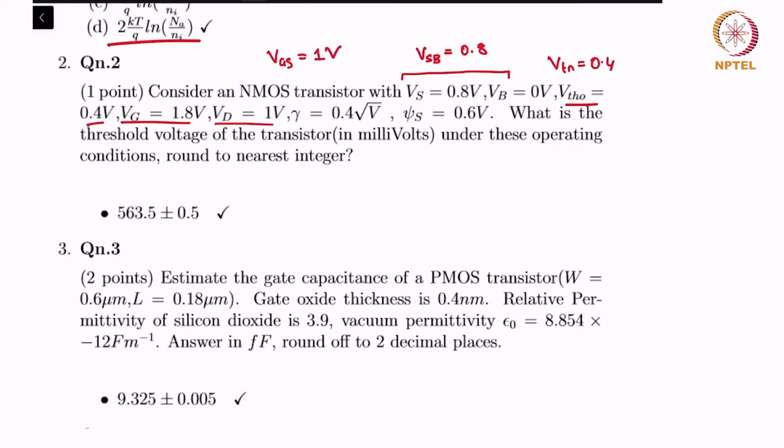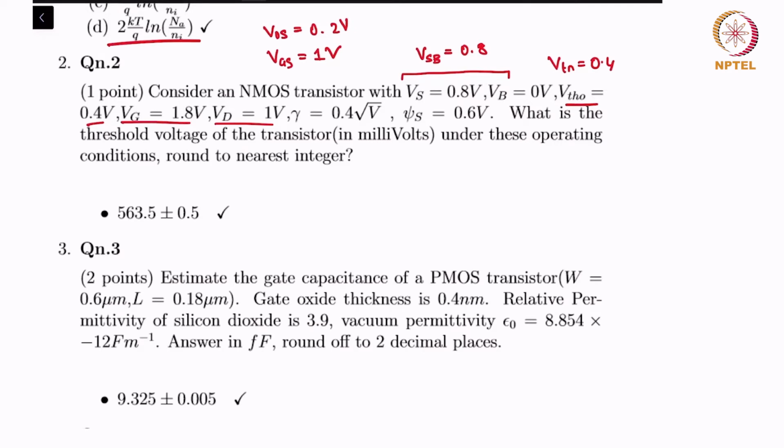VD is at 1 volt, which means the VDS is equal to 0.2 volt. So it clearly indicates that it's operating in the linear region because the VDS is very small. But let's work it out and see what happens.